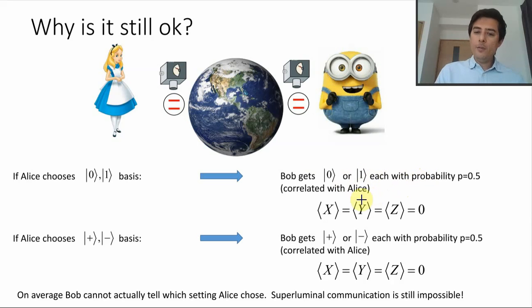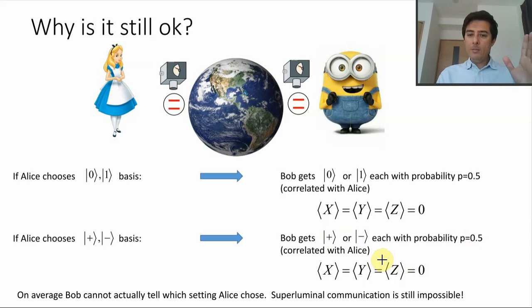And if you calculate the averages of x, y, and z, these are the Pauli operators that we met last lecture, then you find that all these values are 0. Likewise, if Alice chooses the plus and minus bases, Bob, shot to shot, is getting plus and minus states, but randomly with probability 0.5.